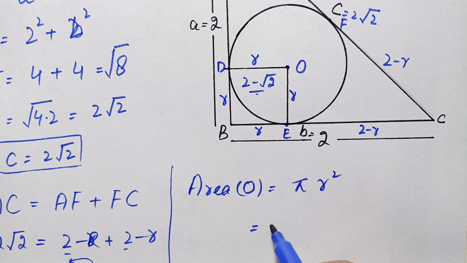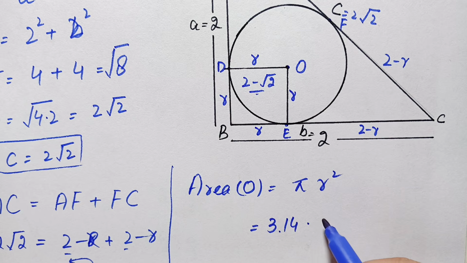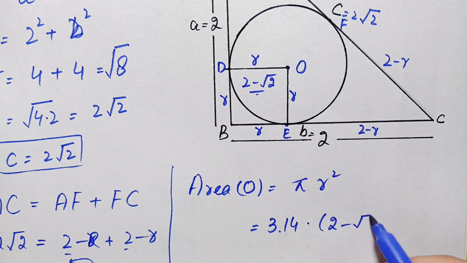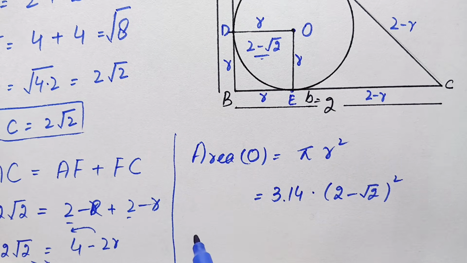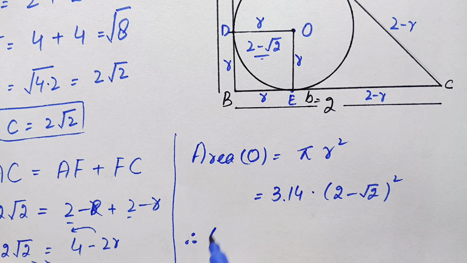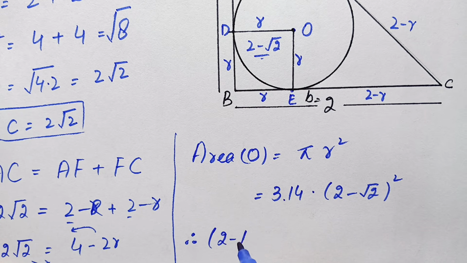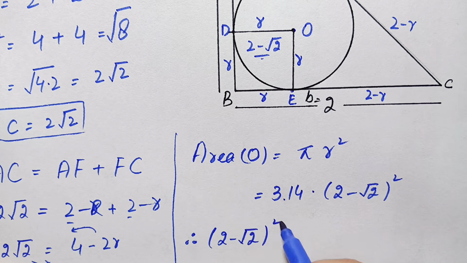The value of pi is about 3.14 up to 2 decimal places times the value of r, which is 2 minus square root of 2 whole square. First we will try to find the value of this square term. So we can write this square as 2 minus square root of 2 whole square.